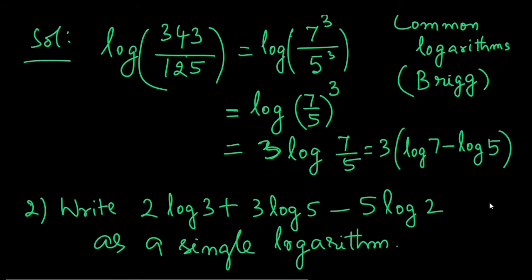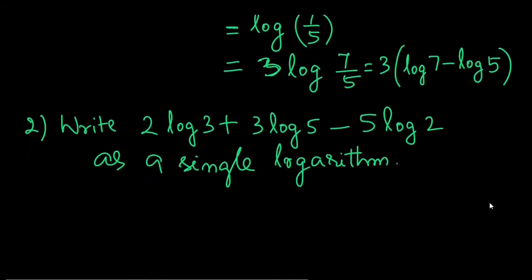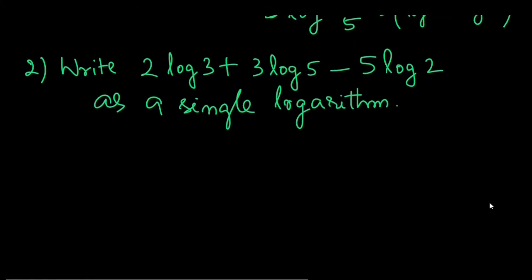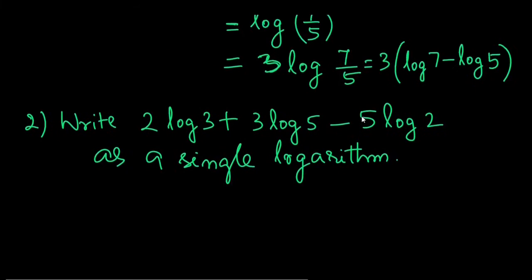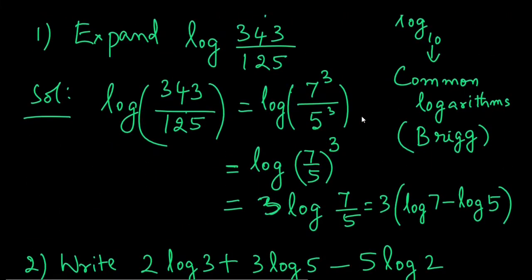Now let us look at the second one. Write 2 log 3 plus 3 log 5 minus 5 log 2 as a single logarithm. In first question, we are given with a big number, logarithm of some big fraction.